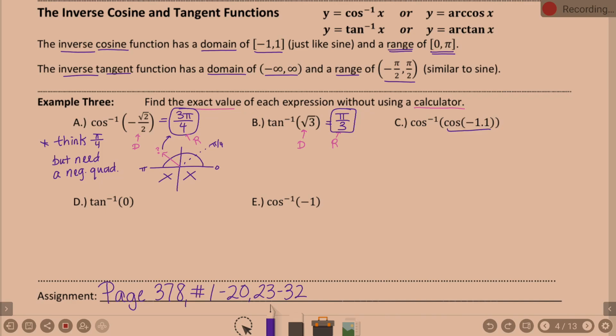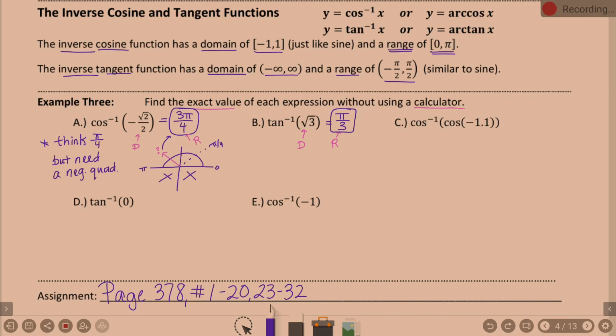Now, here's what I want you to consider. Notice what's going on out here. Cosine inverse and cosine, what are they going to do to each other? They cancel. They're going to undo each other, yes?